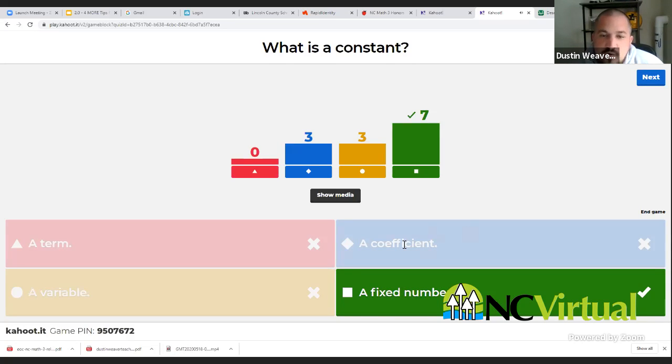Some people said a coefficient. A coefficient means it's in front of a variable. Like if it's 3x, the coefficient is 3. A variable is x, y, or z, an actual letter. So a fixed number is a constant, like the number 10, the number 20. That would be a constant.